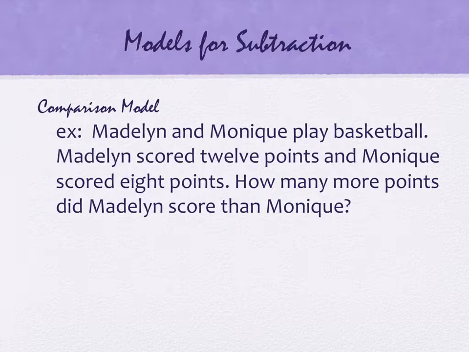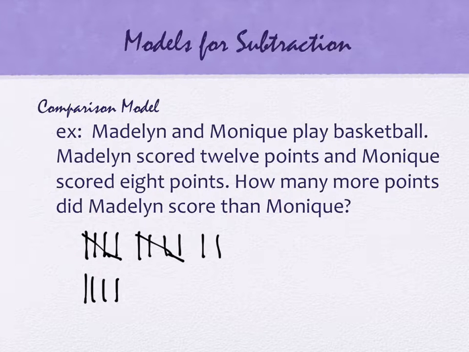So comparing 2 quantities, what was I comparing? 12 and 8. And we're just going to write it with hash marks. So there's 4, 5, 6, 7, 8, 9, 10, 11, 12. And then the other one was 8. Okay? And if you're comparing what's missing, you could even draw it in dotted like I did on the last one if you'd like. I'm missing the one here, here, here, and here.